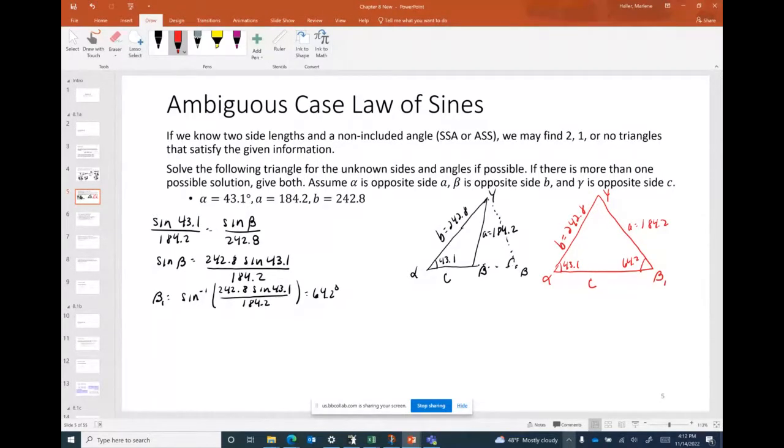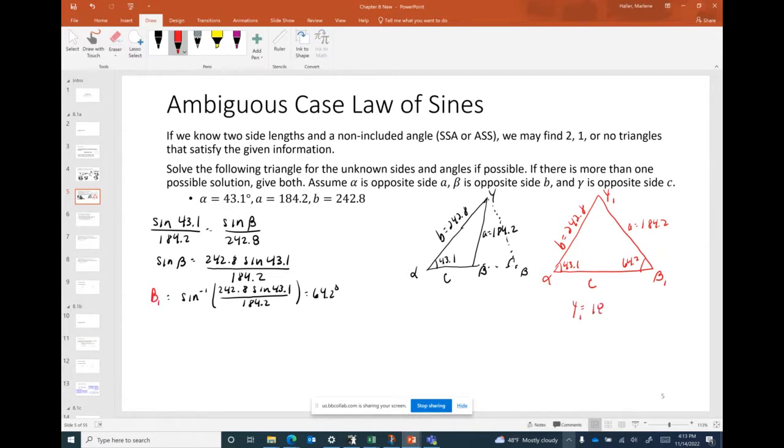Okay. So how do I find gamma? Well, I subtract from 180, right? So gamma, and this is gamma sub 1, because there's going to be two angles, a different angle over here. It's going to be bigger, right? So we're doing gamma sub 1 here. This guy over here was beta sub 1.